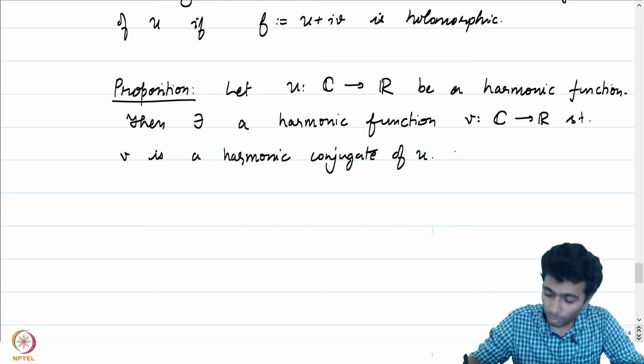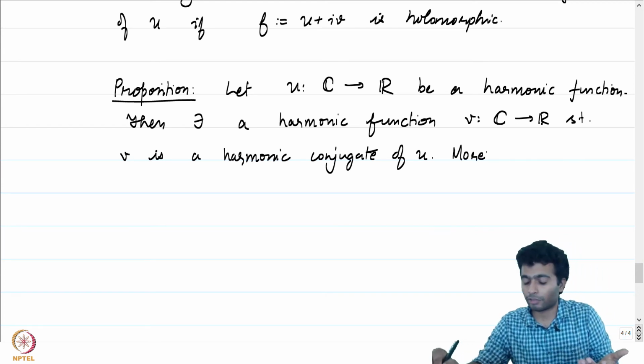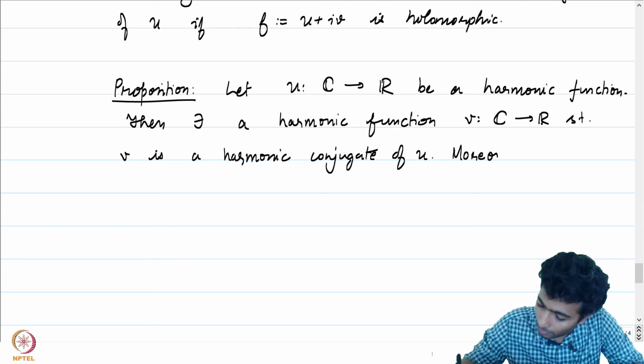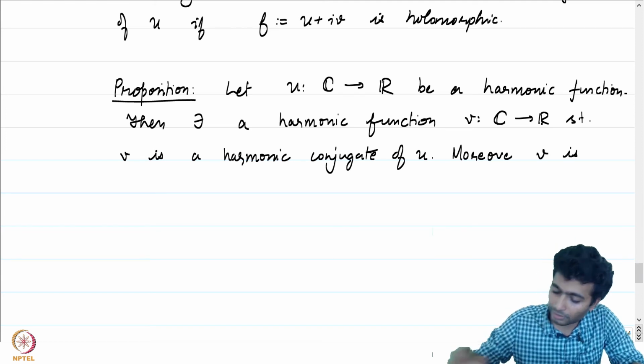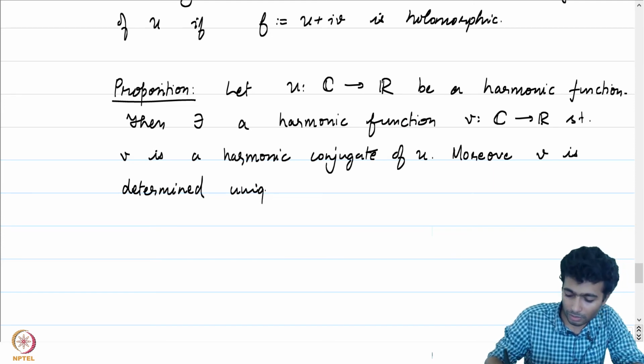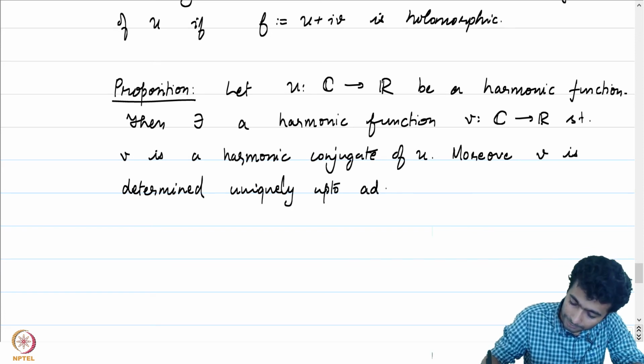Not just that, moreover, we can talk about uniqueness of harmonic conjugates up to constants. Moreover, v is determined uniquely up to addition by constants.